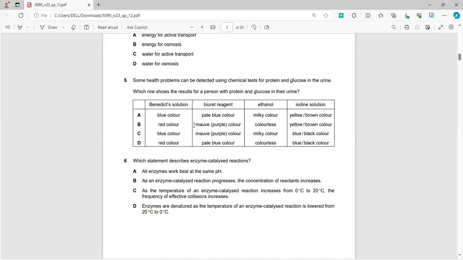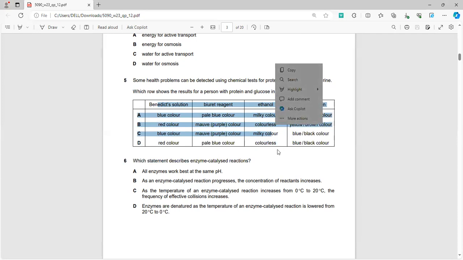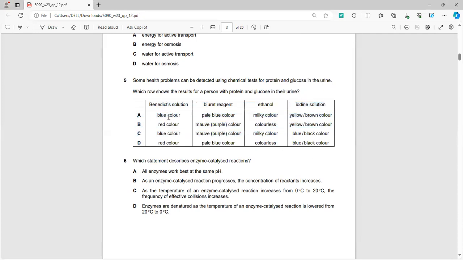Now, in question number 5, we just have to remember the original colors of each of the following reagents. Iodine is yellow-brown, biuret is purple, Benedict is red, when I'm telling you these colors when they're positive. They say a person with protein and glucose, so it's biuret reagent. The biuret and Benedict solution will be positive.